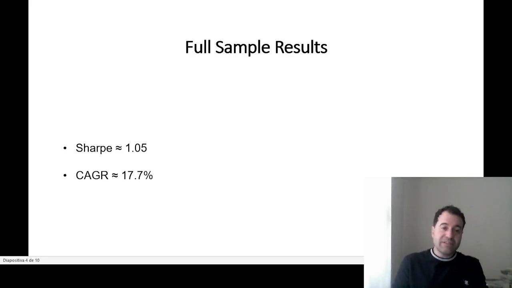Those are solid numbers, but full sample performance alone doesn't mean much. Many strategies look great when you optimize them on the entire dataset. So the real test is what happens out of sample.